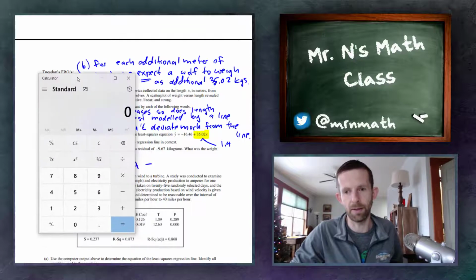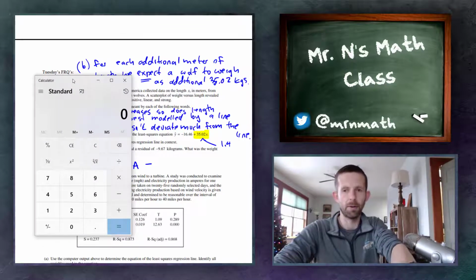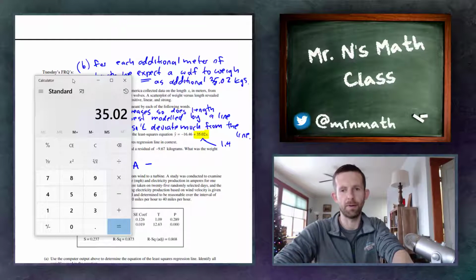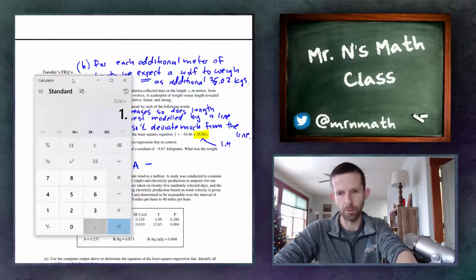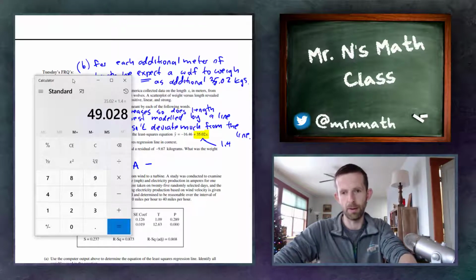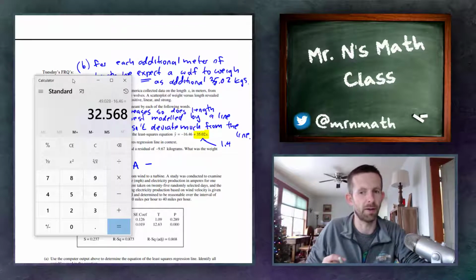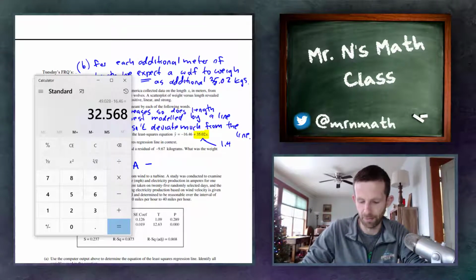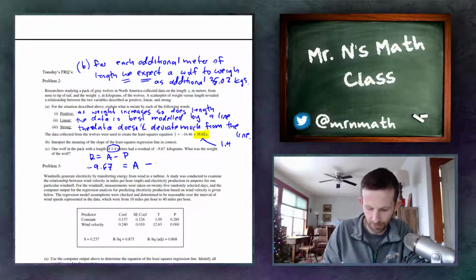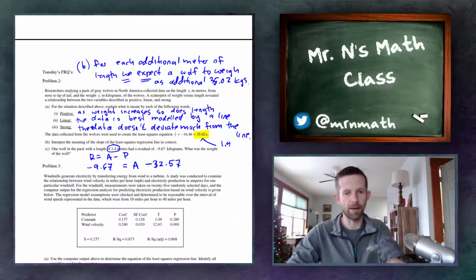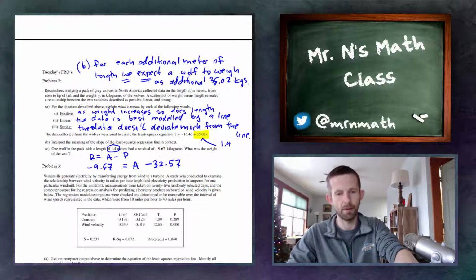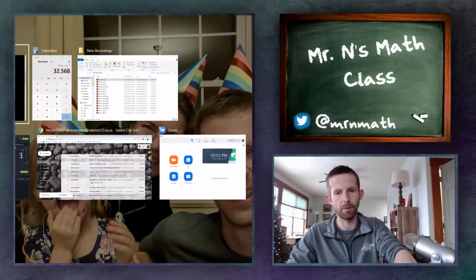All right, but for the time being, we're going to do 35.02 times 1.4, minus 16.46, which gives me 32.57.